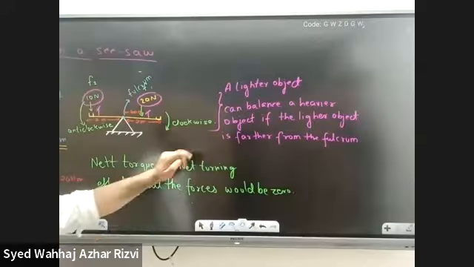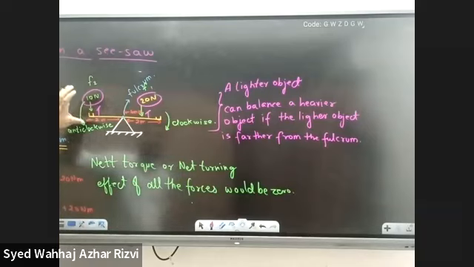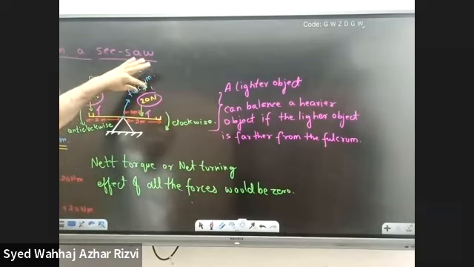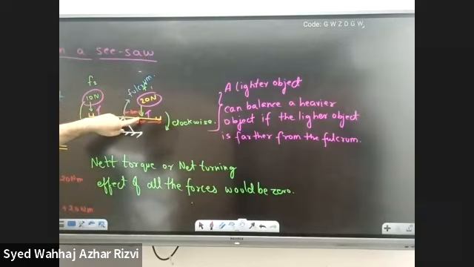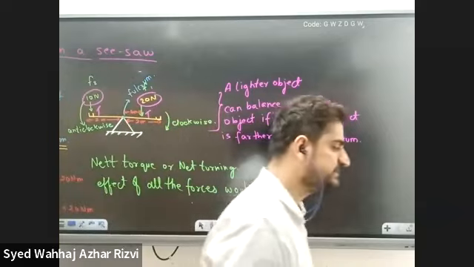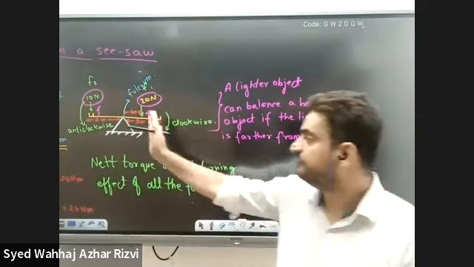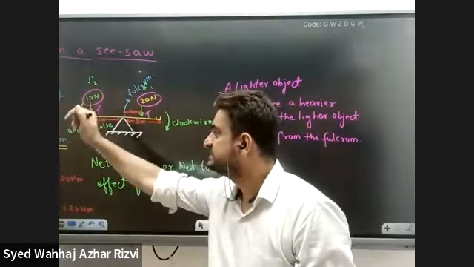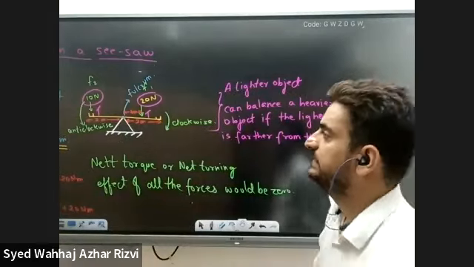We can understand that F1 is like a heavier person sitting at this position and a lighter person sitting at this position. A heavier person can be lifted by a lighter person, just the lighter person has to sit farther, more distant from the fulcrum.